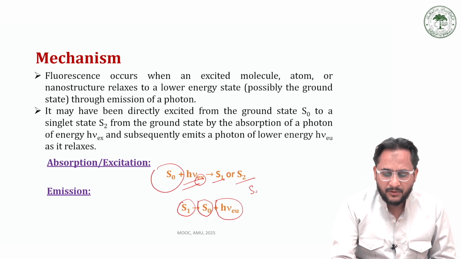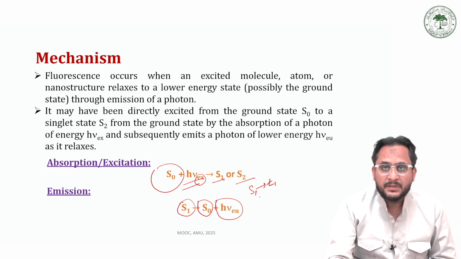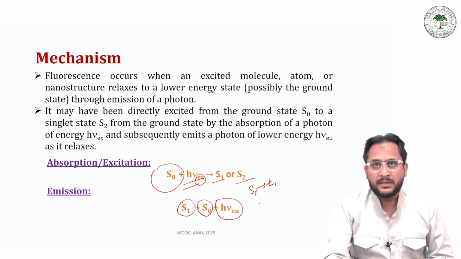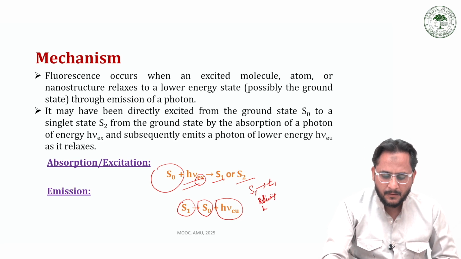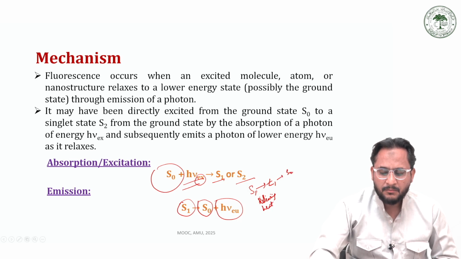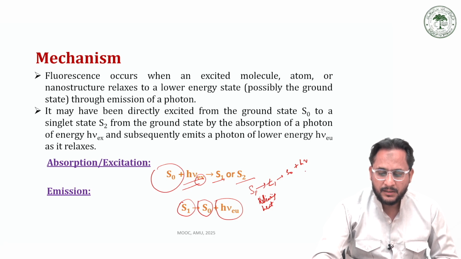On the other hand, if from S1 the substance goes to T1 by non-radiative loss of energy, and then from T1 comes to S0 by releasing light radiation, then it is called phosphorescence.